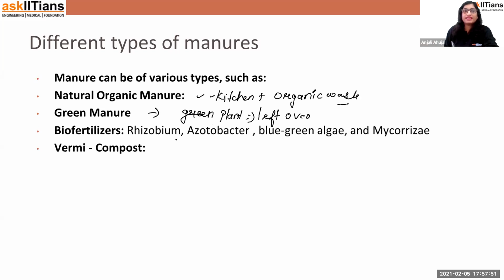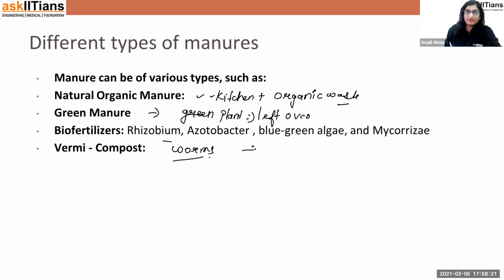And biofertilizer, I'll come to that point. Vermicomposting means we are adding worms. One is simple composting, where normal decomposition is happening. One is vermicomposting, where worms are used. They are the farmer's friends. You know that, right? So what is the function of worms in vermicomposting?